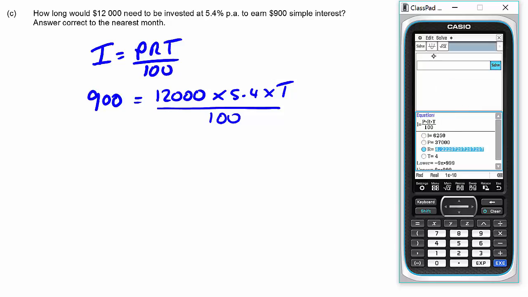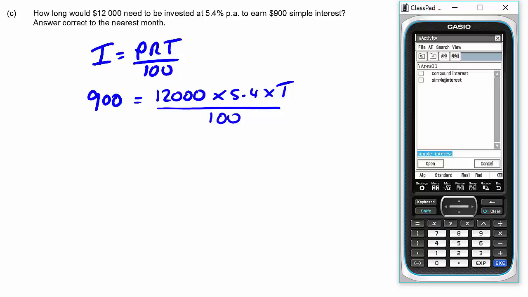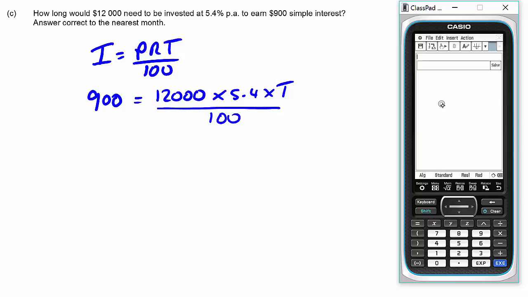Since I'm here already, I'm just going to use the activity. And so I'll just need to close that one. You won't need to do that because all of yours are in a single directory. So get the simple interest formula out. And so the one we don't know is the time.